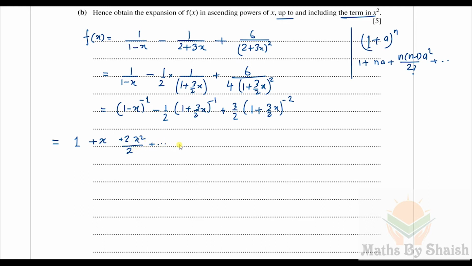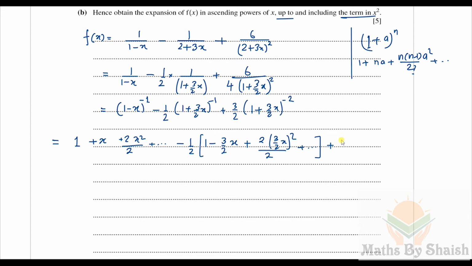And we want to write minus 1 by 2 into this again, so 1 plus n a, that is minus 3 by 2 x, and plus minus 1 into minus 1, that is going to be plus 2, so plus 2 and (3 by 2 x) whole square, divided by 2 factorial, that is 2. And no need to write the next term because we require to write till x square.